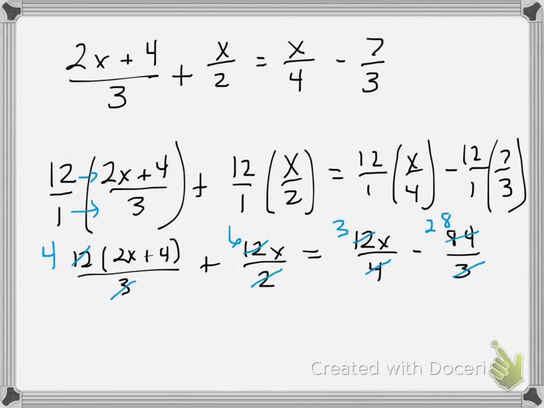All right, and so now we can simplify. We can distribute this 4 in our first term to get 8x plus 16 plus 6x equals 3x minus 28. And now you see we have a linear equation with no fractions, and we can solve this.